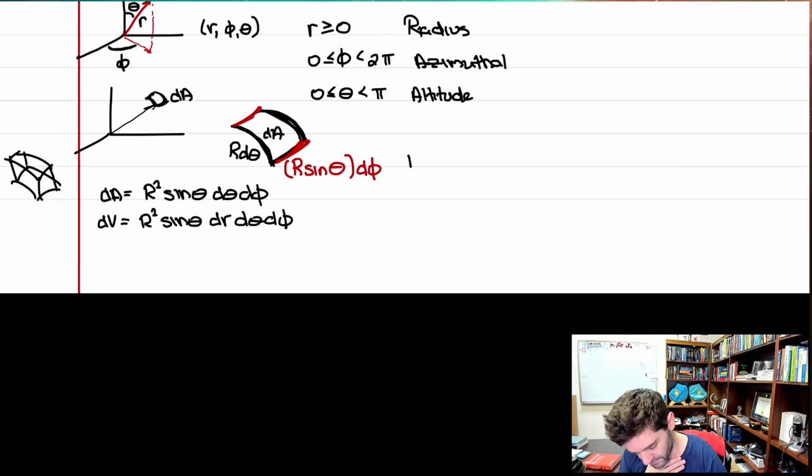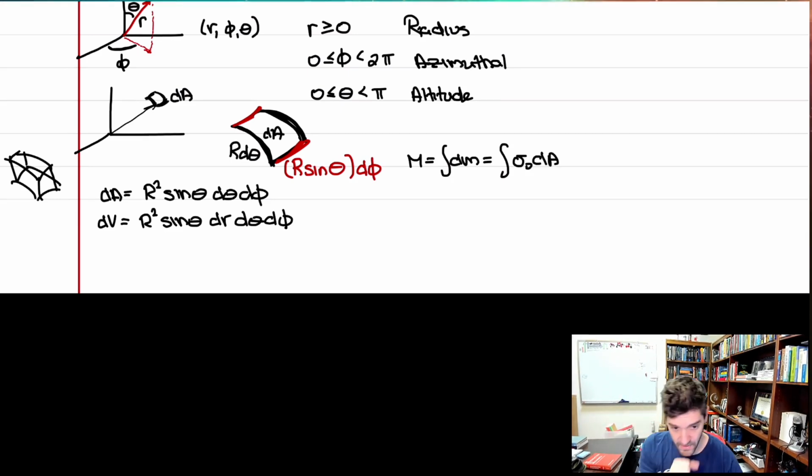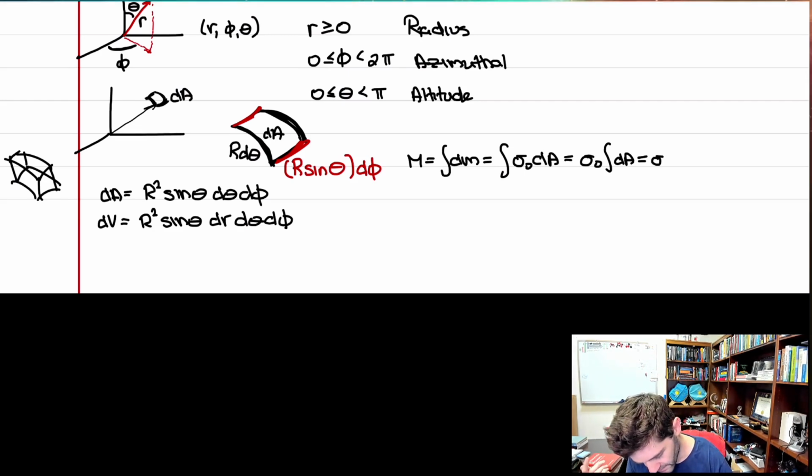So then the total mass looks like it's an integral over dm, which then is going to be an integral of sigma times dA. Now you could realize that sigma is a constant, so this is really just sigma times the integral over dA. And what's the area of a shell? Well, this better be 4 pi times r squared. Of course, we could always convince ourselves of that.